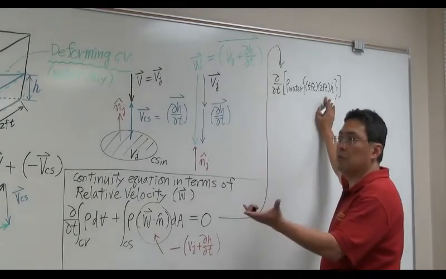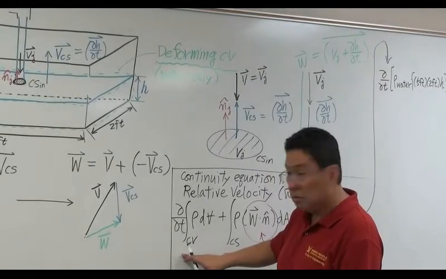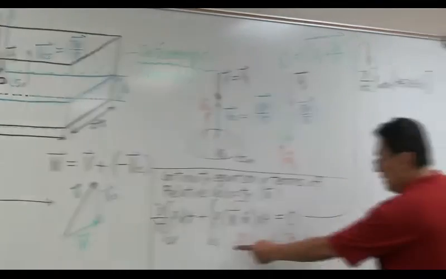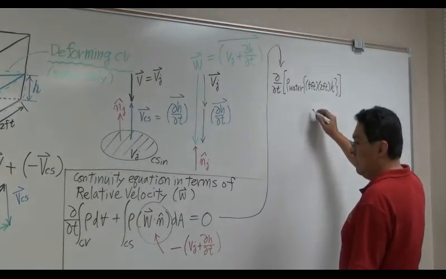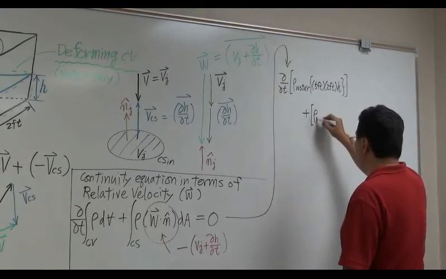Density of water, that's this. Okay. Notice the difference from the previous example? I hope so. Then this one now becomes rho of water once again.